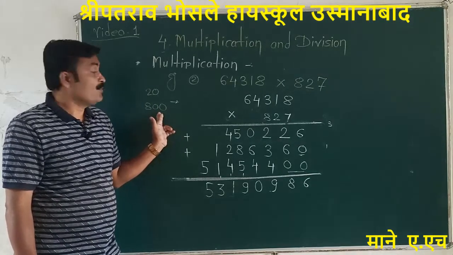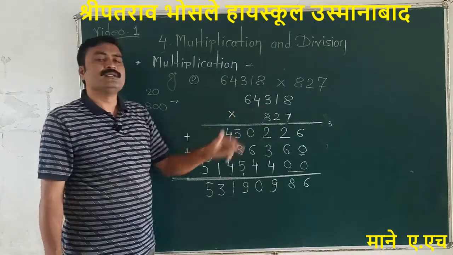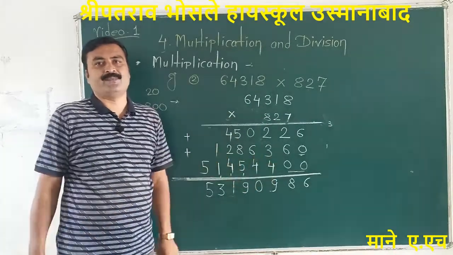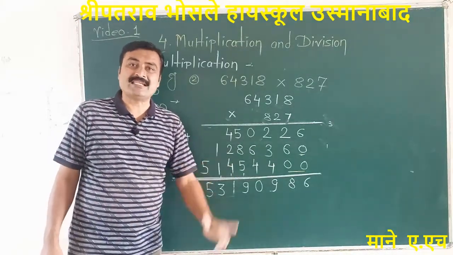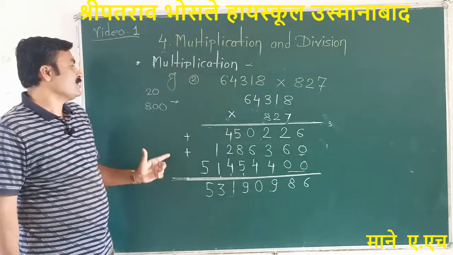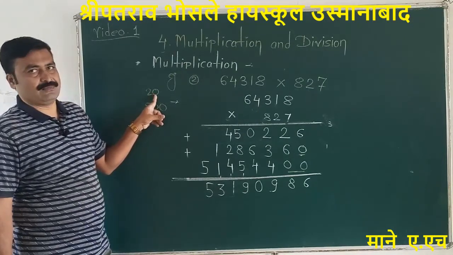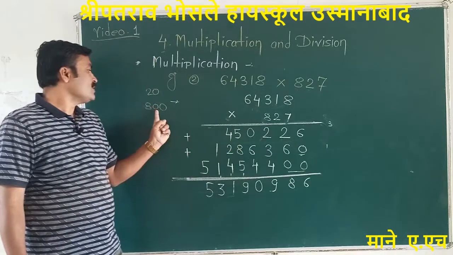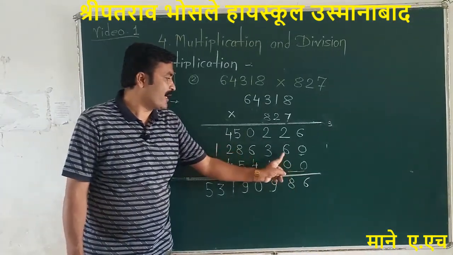But if you multiply this number by 20 and 800, the multiplication process gets quite difficult. So, to make the multiplication process simpler, the 1 zero of this 20 we write below the 6, and the 2 zeros of this 800 we write below this 0 and 6.